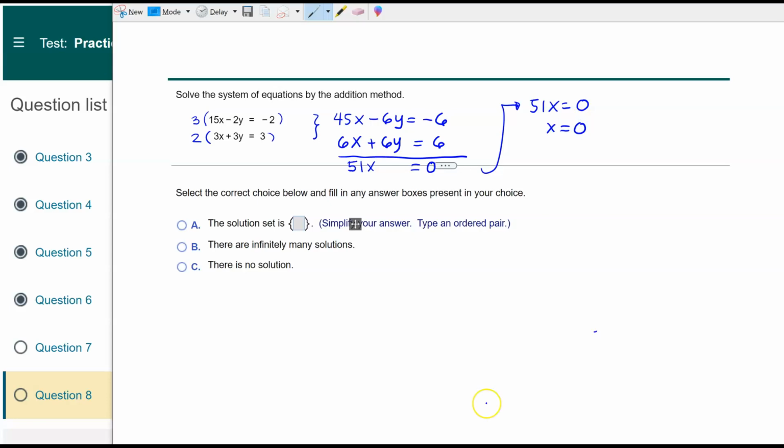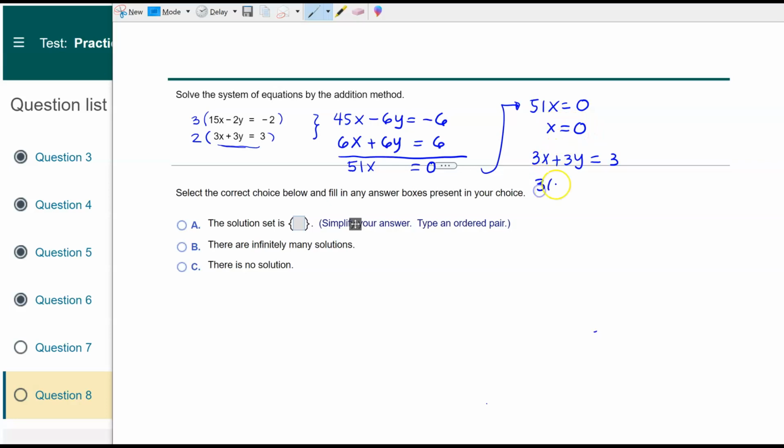Then we can substitute this value of x into either one of the equations. Let's pick the second equation, for instance. You have 3x plus 3y equal to 3. You can plug in x equals 0 here.